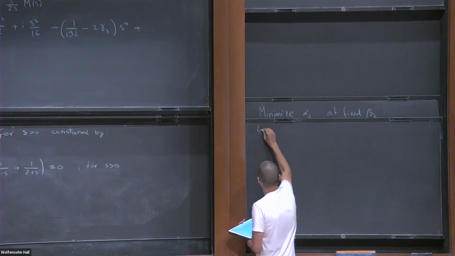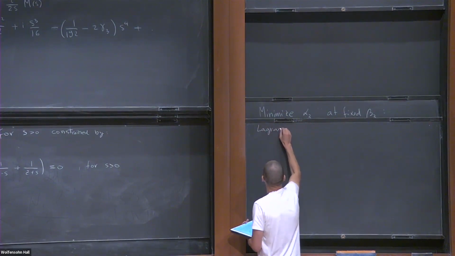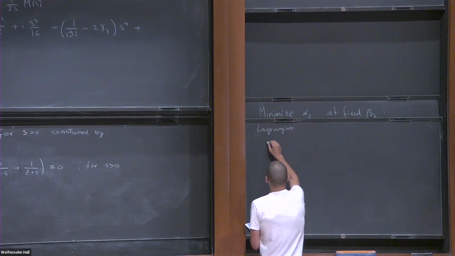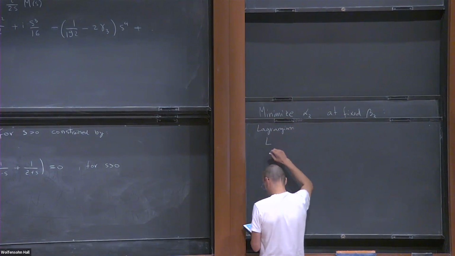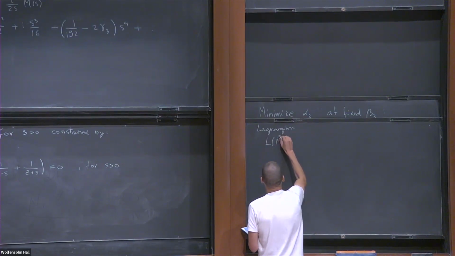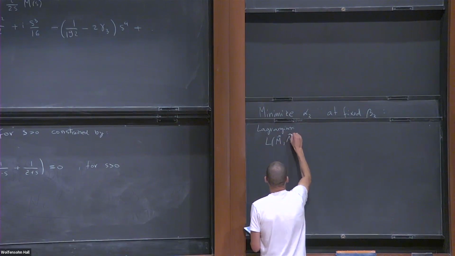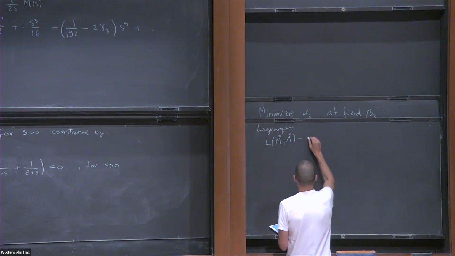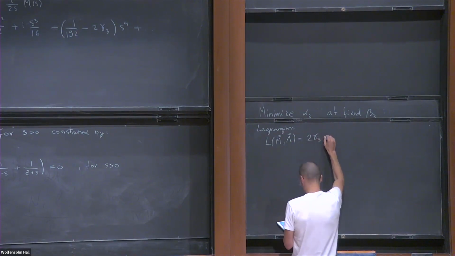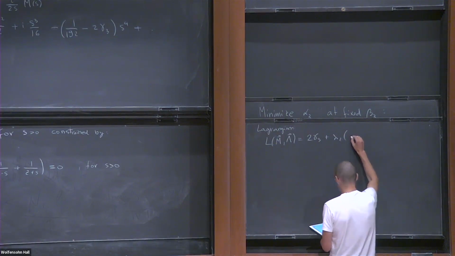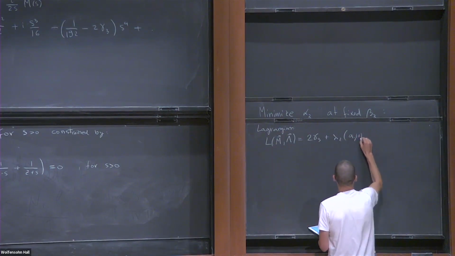So you define a Lagrangian. Let me write it like this. L, let me write it as a function of M and lambda, which is a set of primal and dual variables. I will explain in a second. These lambdas are Lagrange multipliers that impose the constraints.